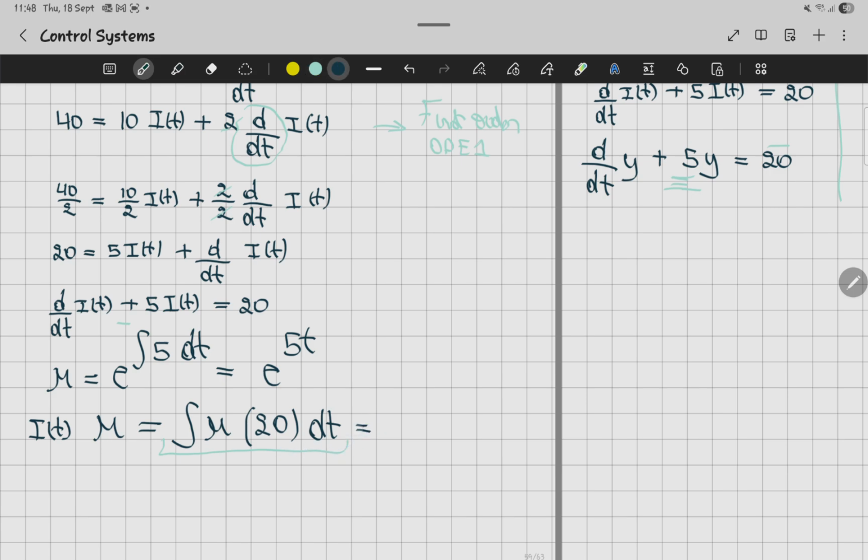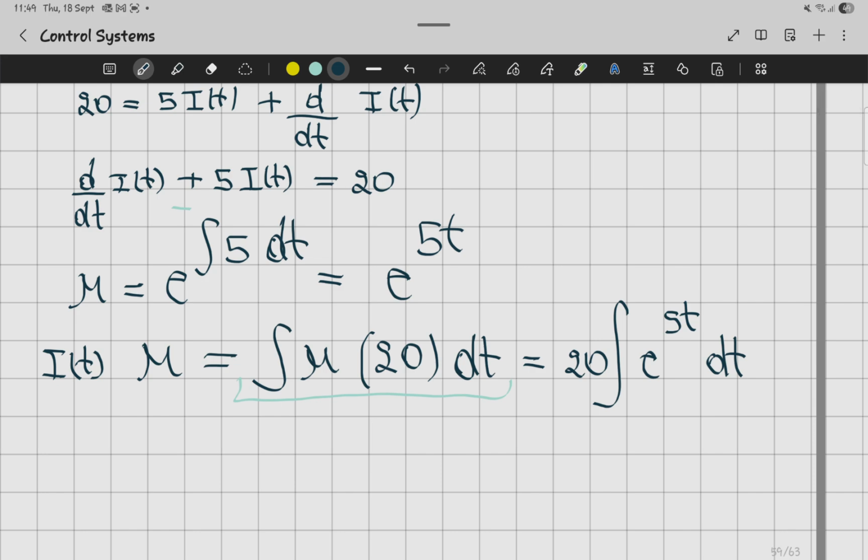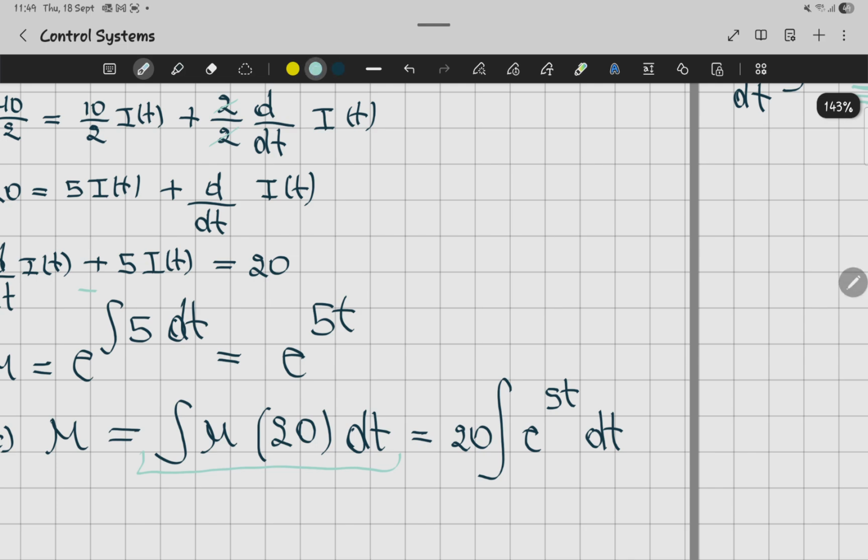So this will be equal to 20. Since this is a constant, I'm going to take it out, and then I'm going to keep only the term with t inside this integral. So we need to integrate this one the way that you see. For the integral of e, I'm going to give you this formula.